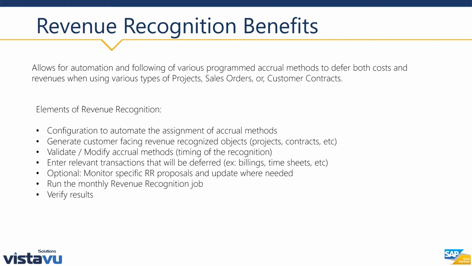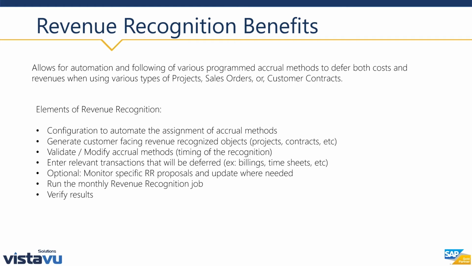It's very much an accounting world thing, very useful when you have things happening in the real world in different calendar periods or different fiscal periods, but you need to line up the revenue and the costs in the same period. The old way of doing that was typically a very manual method to back out revenue and defer things, and then do journal entries. These features in the system allow you to add some automation to that.